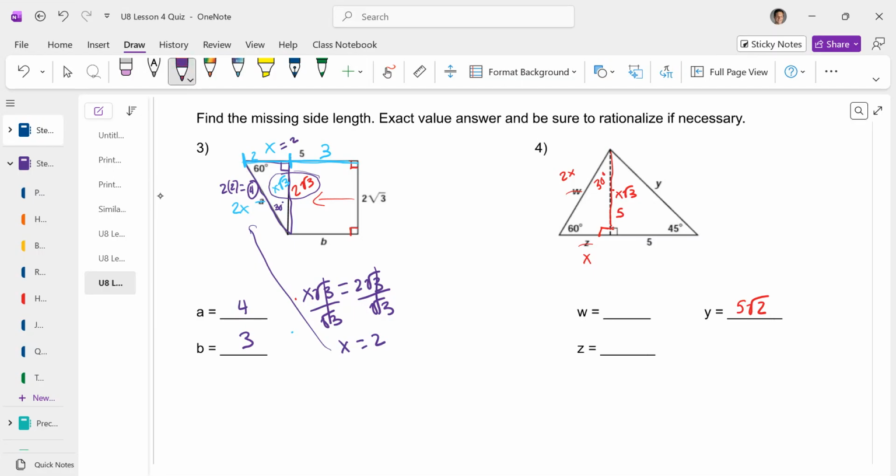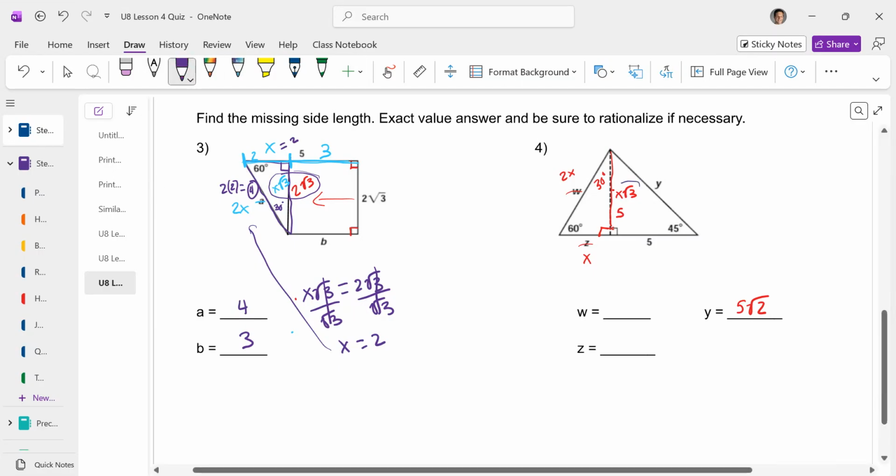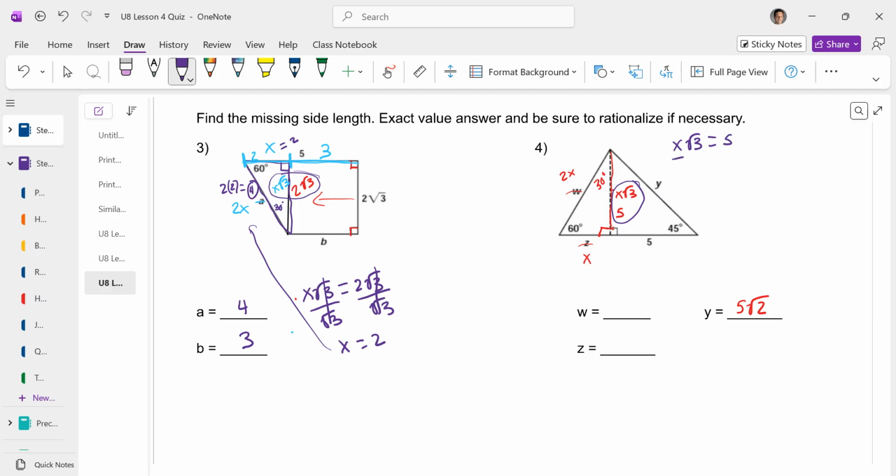So let's go to the side that I know the value of, set it equal to our variable expression, x root 3 equals 5. Solve for the variable. So x equals 5 over root 3. Of course, we can't leave it like that. We need to rationalize by multiplying by the denominator over itself.